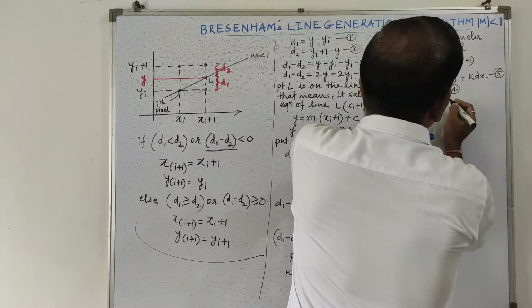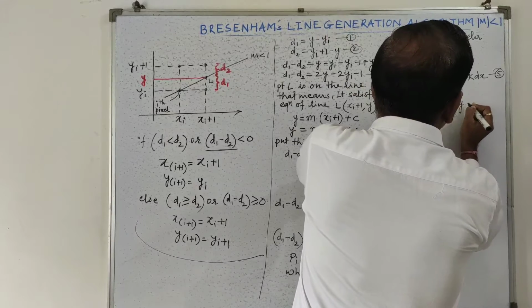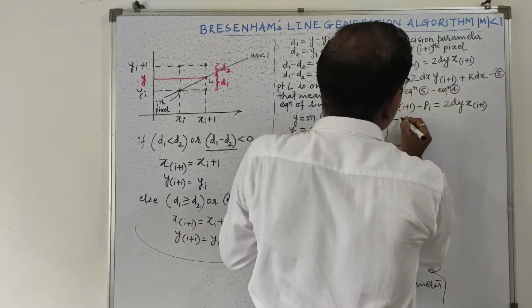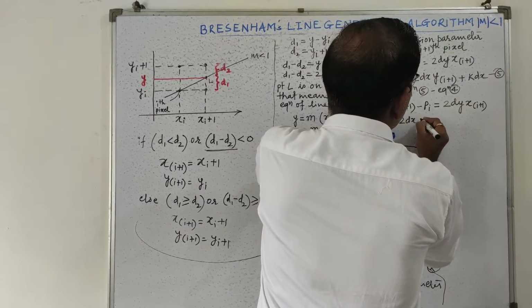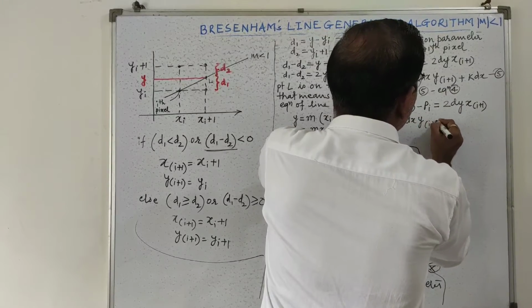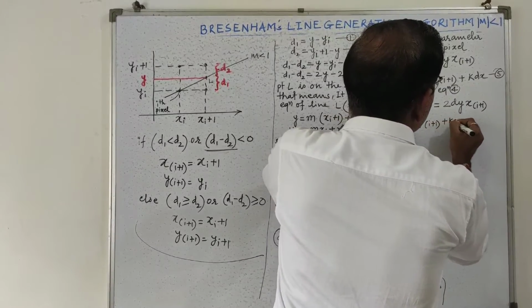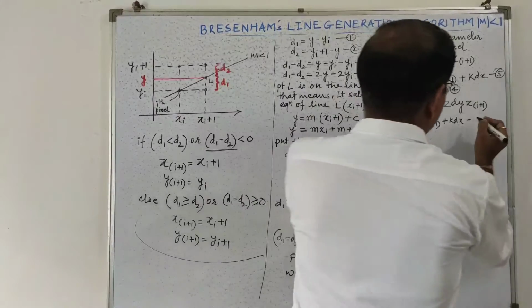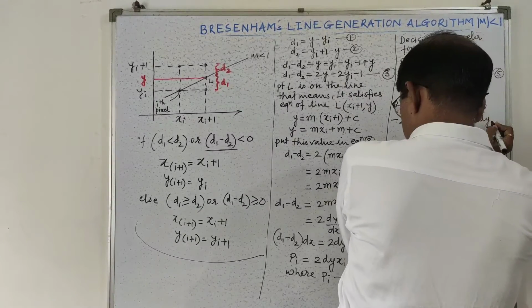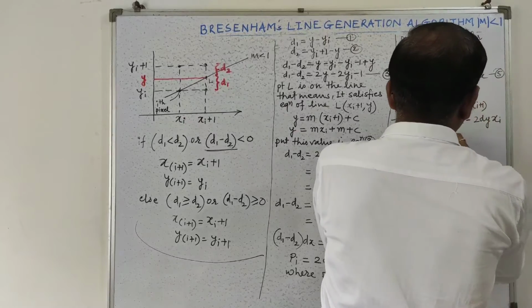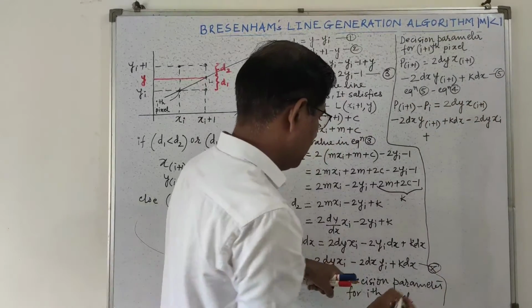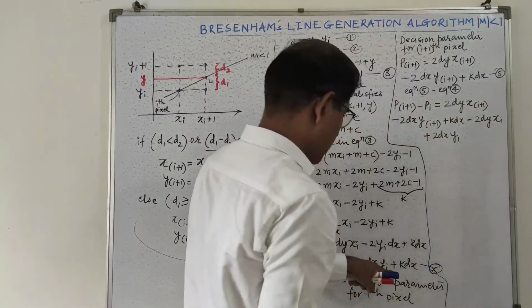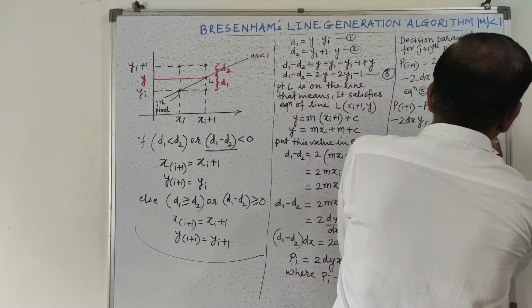So it will be 2 dy xi plus 1 minus 2 dx yi plus 1 plus k dx minus this expression 2 dy xi. Now this becomes plus 2 dx yi minus k dx.